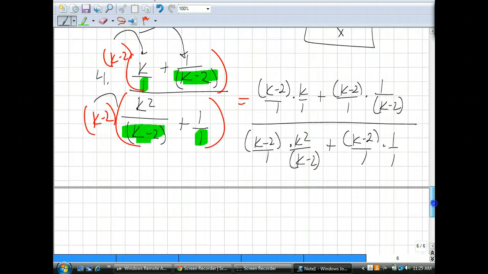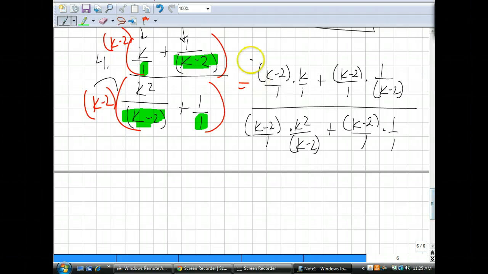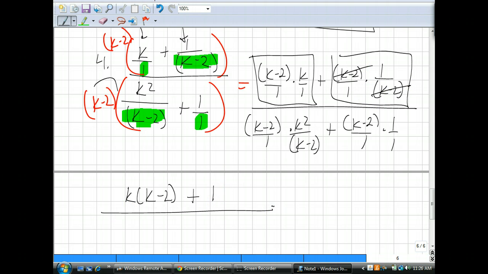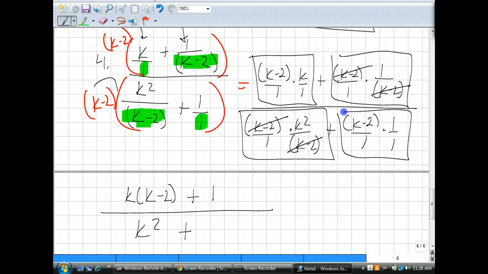Now go back and reduce. Okay, starting here, nothing reduces, so we have k times k minus 2 plus, then coming here, this reduces with this, so that leaves us a 1 over, then coming here, this reduces with this, so that just leaves us a k squared plus, and here nothing reduces, so all I have is k minus 2 left.